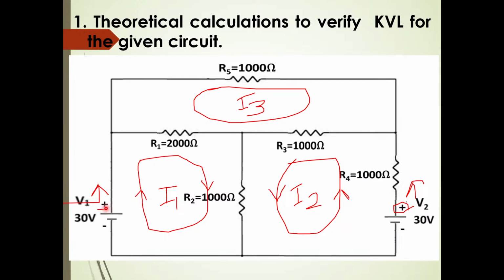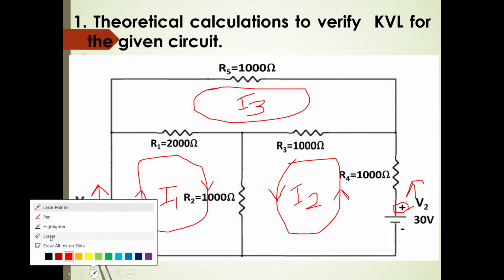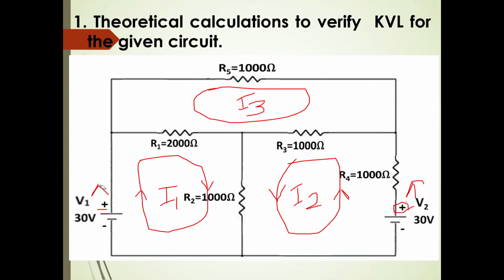So see here, the positive terminal is upward for V1. That's why I have assumed the current direction beside this positive terminal as upward for the I1 loop. If this is upward, then definitely on the other side it should be downward, so this current is clockwise.